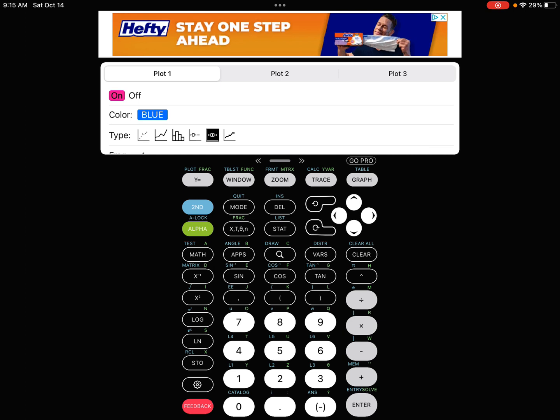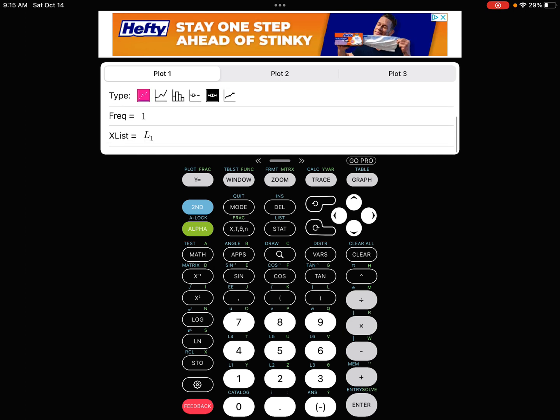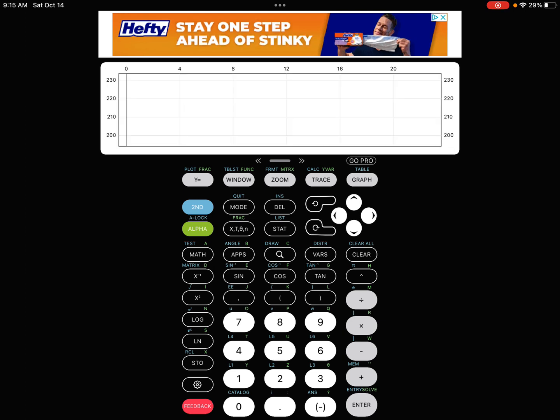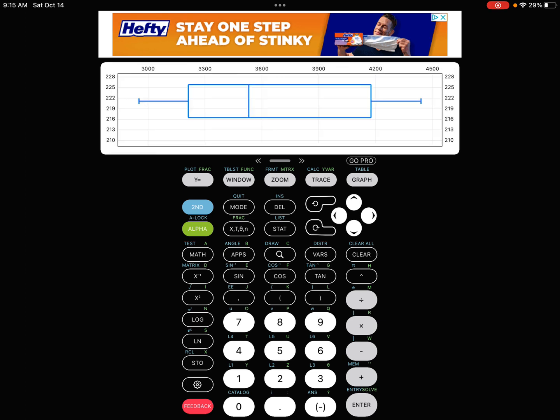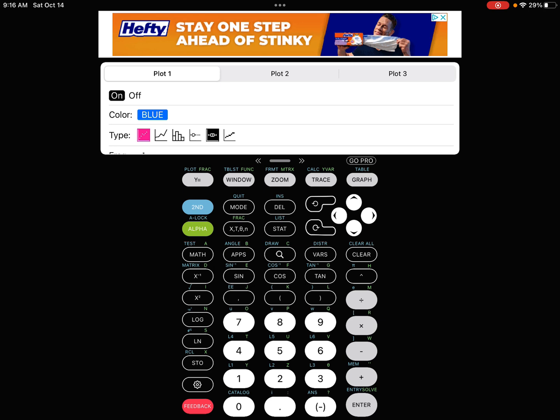So plot, I turn on. I want a scatter plot. My list is from L1. Press zoom 9 to fit your data. And sorry, I've got plots from statistics class still going on here.